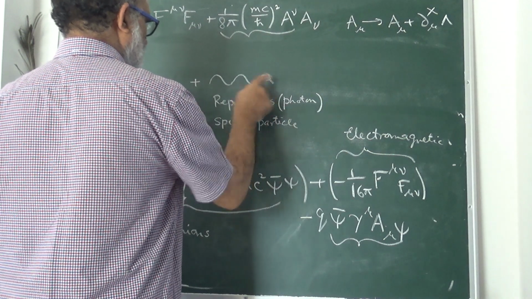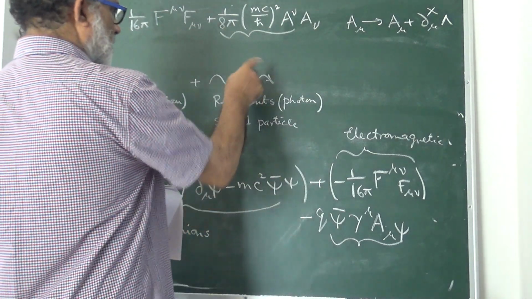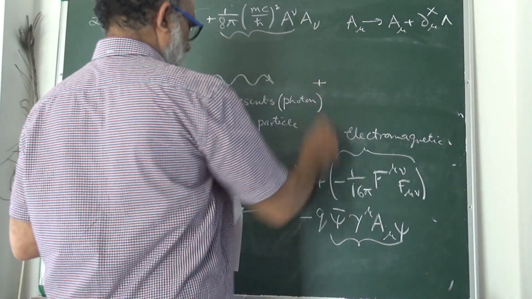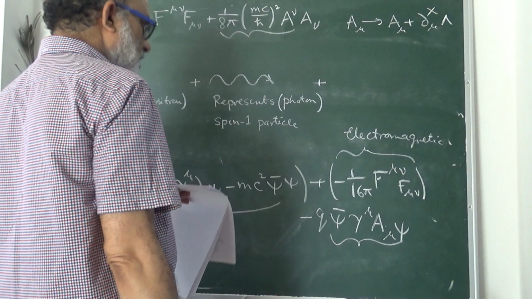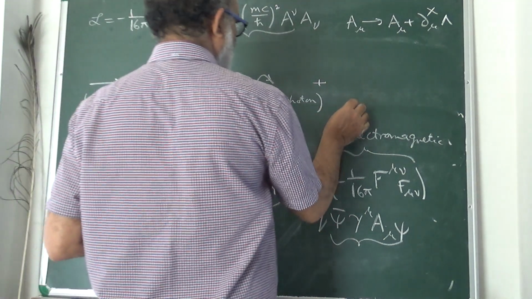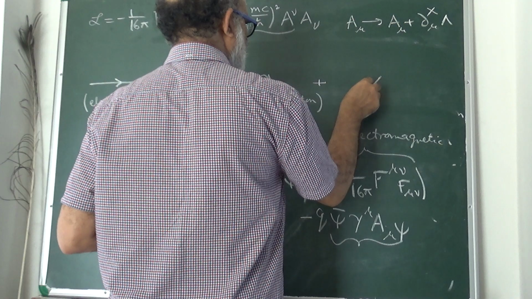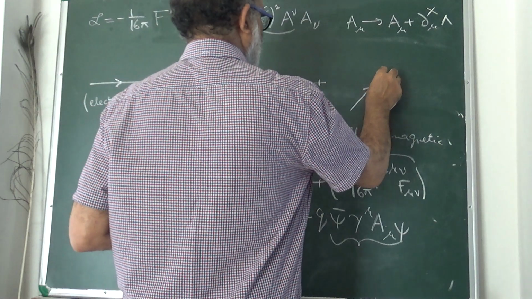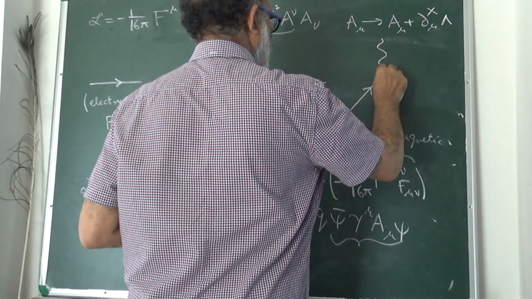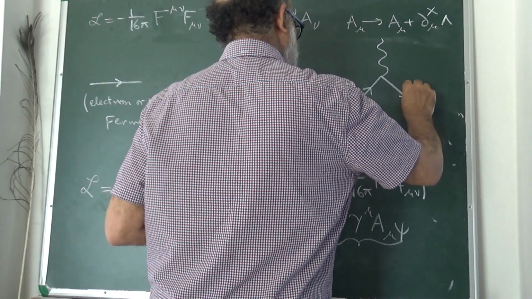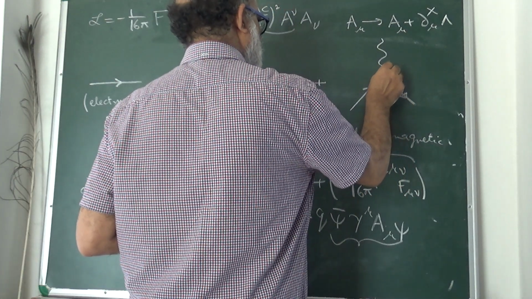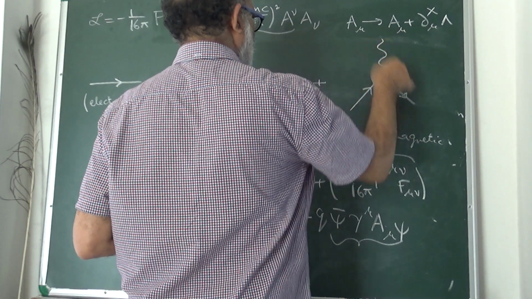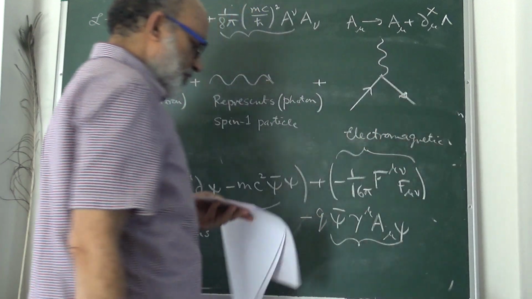This boson is spin 1 and massless, because there is no mass term here, it's only the kinetic energy part, plus this interaction term. Interaction term means if the electron or positron is moving, this electromagnetic field interacts, and as a result the fermion is deflected.